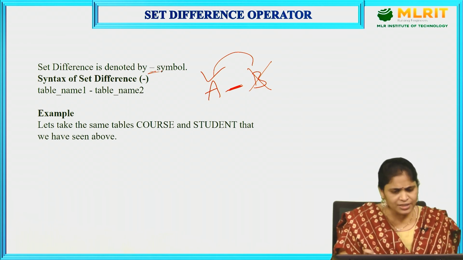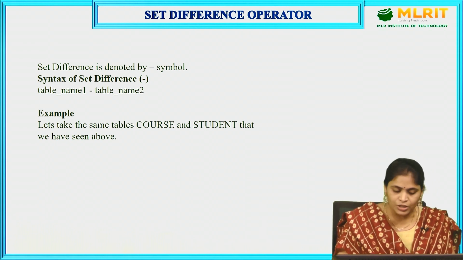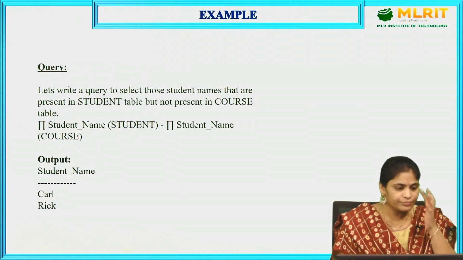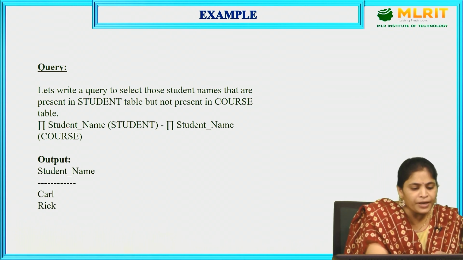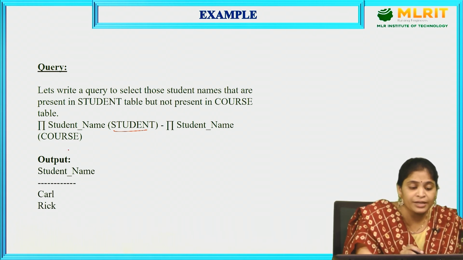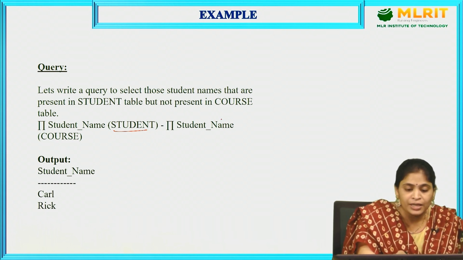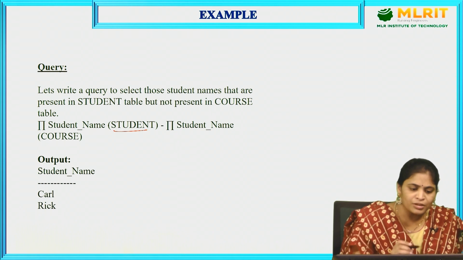Let us deal with this using the same examples, the course table and the student table. The query representation is pi student name student minus pi student name course. That means I am eliminating the student names which are from the student table.